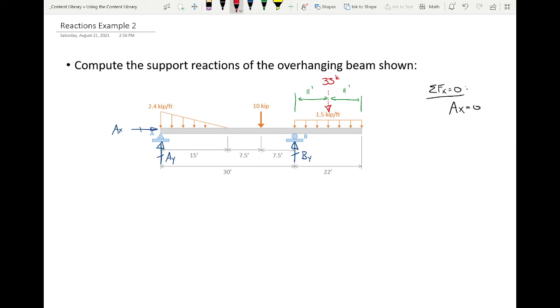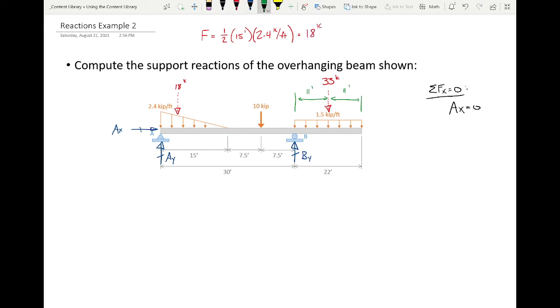Oh, it's 18, because it's a triangle, right? It's 1/2 times 15 feet times 2.4 kips per foot. So half of 2.4 is 1.2. 1.2 times 15 is 18.